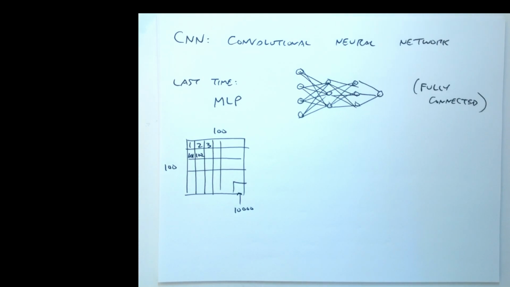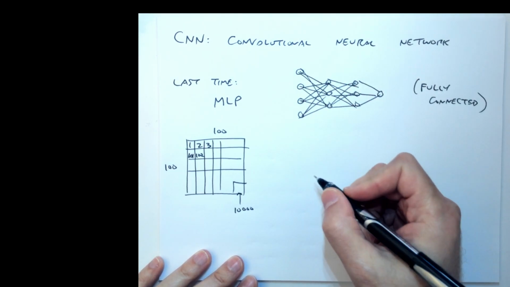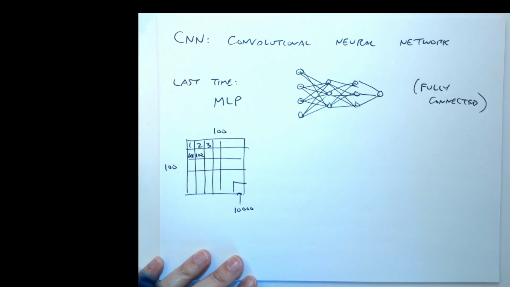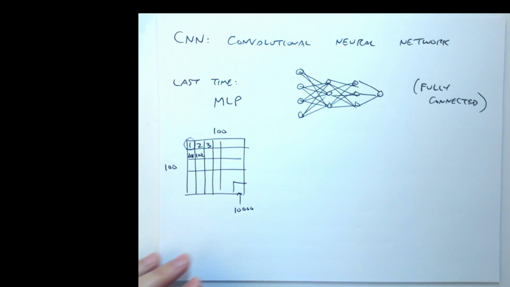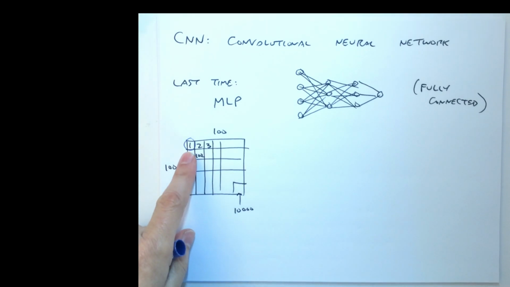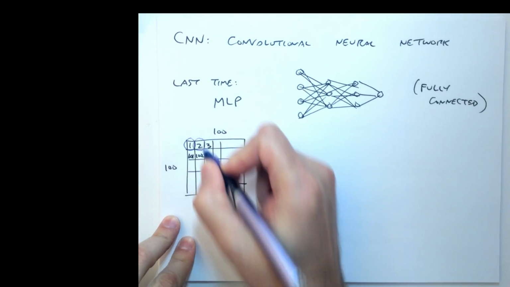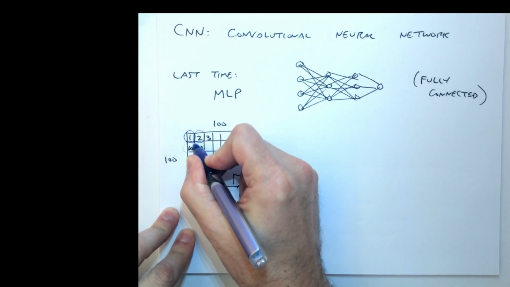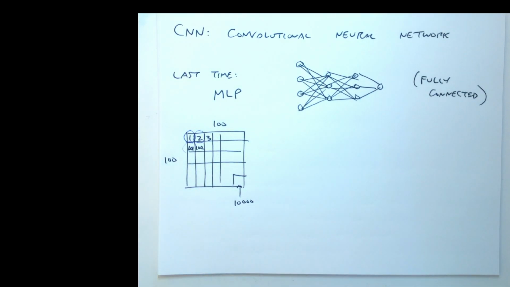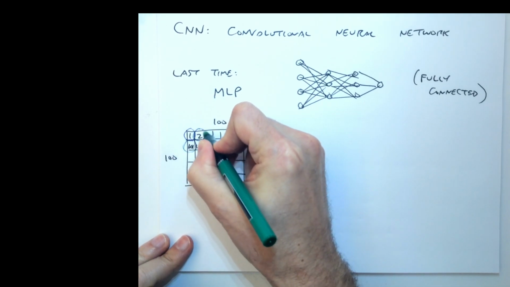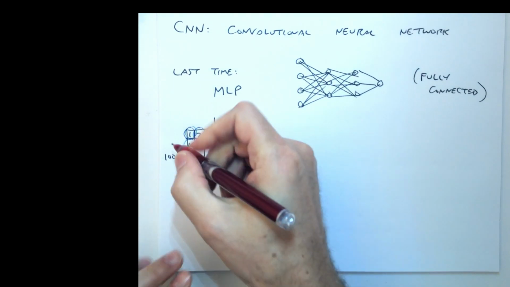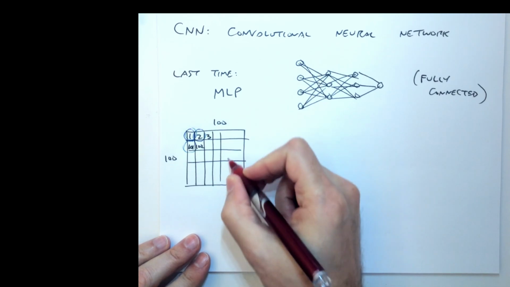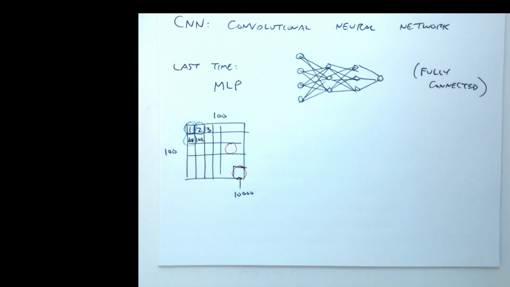But one thing that's important is, if I think about how these neurons are connected, this neuron here, number 1, as an image processor, I feel like this neuron and this neuron should be related because they're close together, right? So for example, I feel like there should be a closer relationship between these 3 neurons than between, say, neuron number 1 and neuron 10,000, or neuron number 1 and neuron number 587, right?